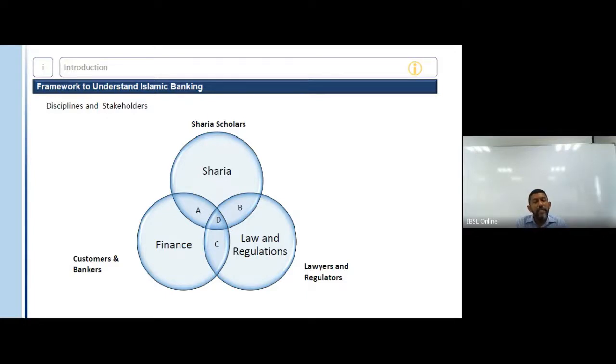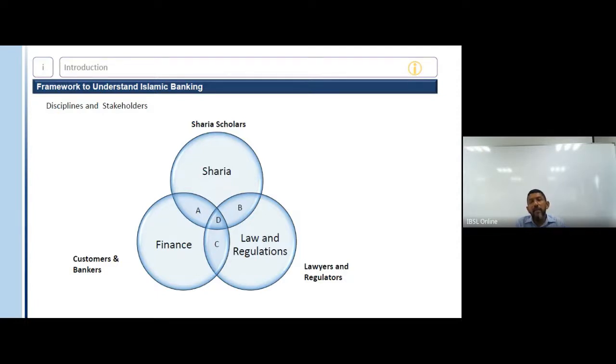Similarly, if Islamic financial institutions operate in quadrant C, where legal aspects are looked after and customer requirements are looked after, but the institution cuts corners in Sharia, that is also not sustainable, simply because the reputational risk will destroy the company's right to go into this market space.